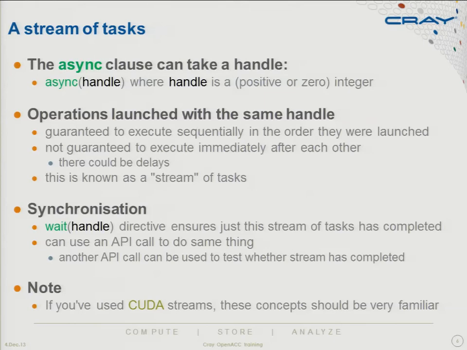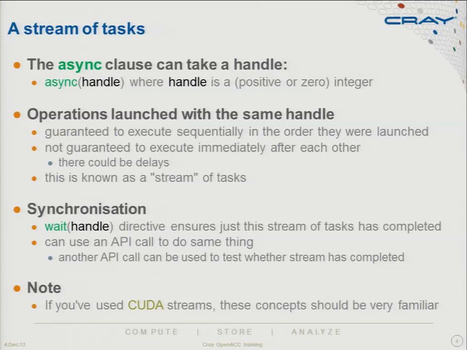So that's one thing. That's where you say, I think these things can overlap. But quite often you want more control than that. This is where you use the async clause, but with a handle, with a label. If tasks are launched with an async clause and the same value of this handle, they will execute asynchronously, but you know that they will execute in order on the GPU.